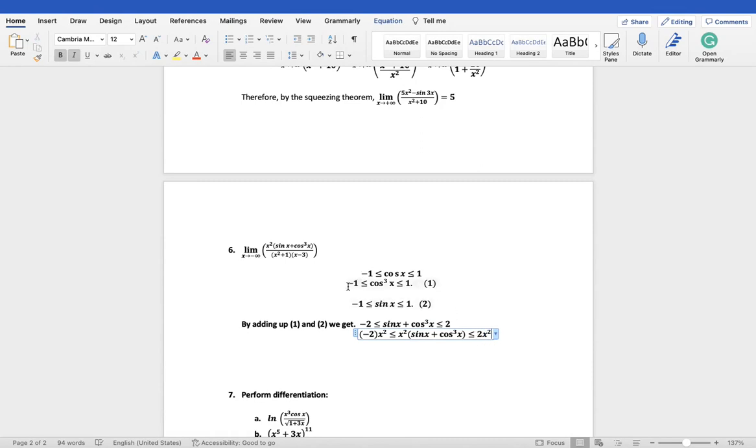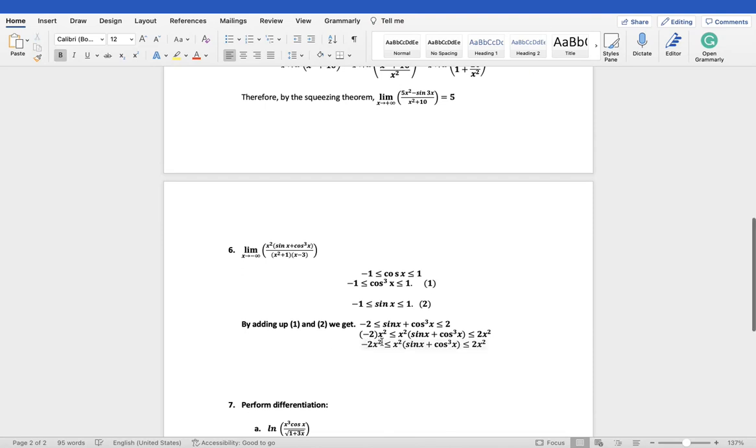And you have 2x squared, right? And then when we divide by x squared plus 1, do we change the sign of the inequality or not? Remains the same, thank you.